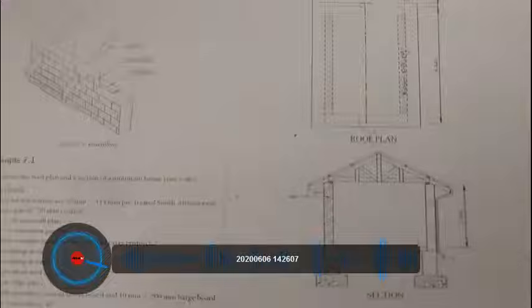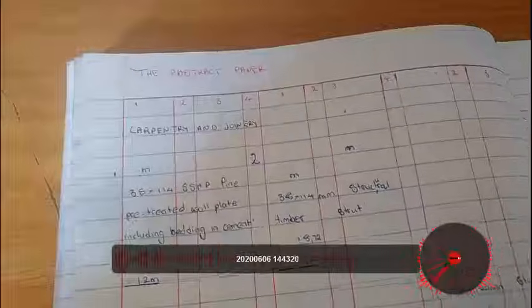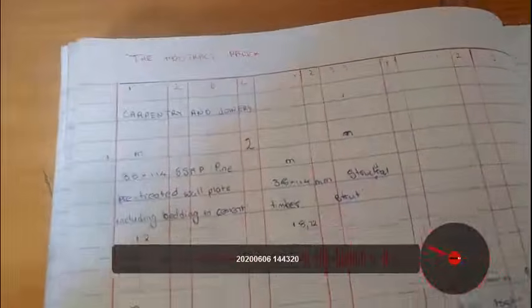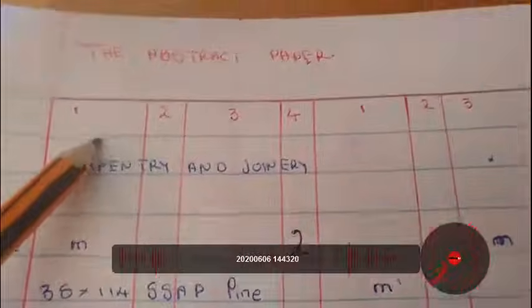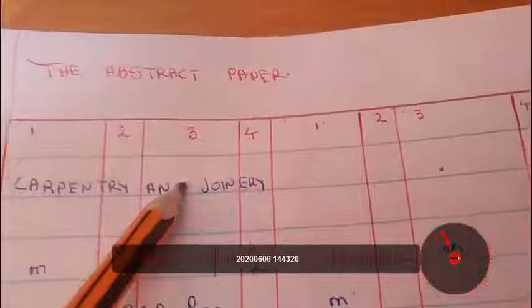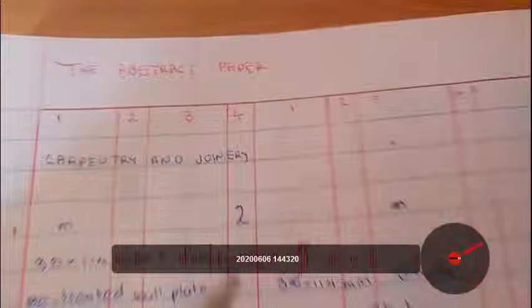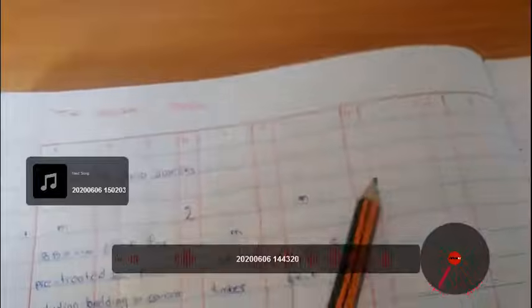Students, it's TK here. So I'm going to be showing you how to do abstracting. The first thing that I'm going to do is look at the abstract paper and its columns. The abstract paper has got 4 columns: the first bigger column, the second tiny column, a third bigger column, and the fourth tiny column. And then it continues again, 1, 2, 3, 4.